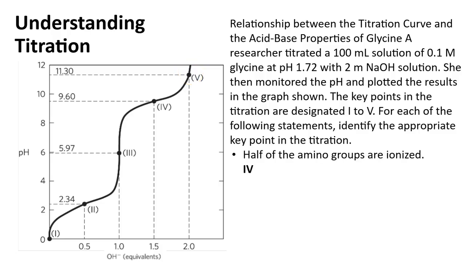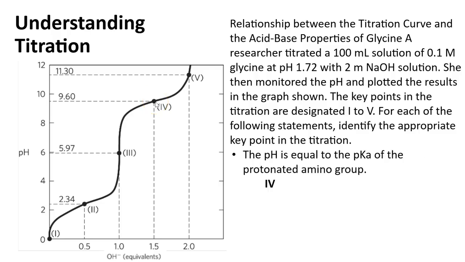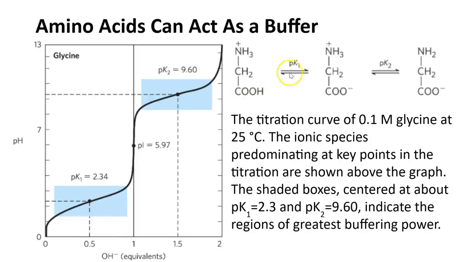And so when half of the amino groups are ionized, that is 0.4 right here, because if you look at it as far as ionized, it says half of it is ionized. This is the ionized form. If it was 0.2 right here, both of the amino groups on this point are ionized, so it is not half of it.